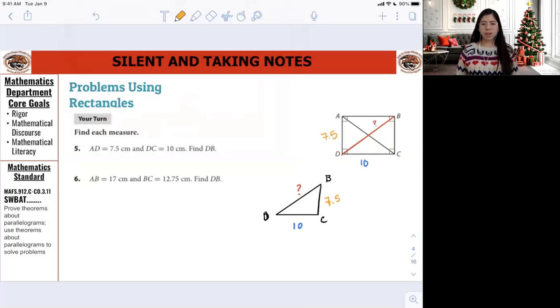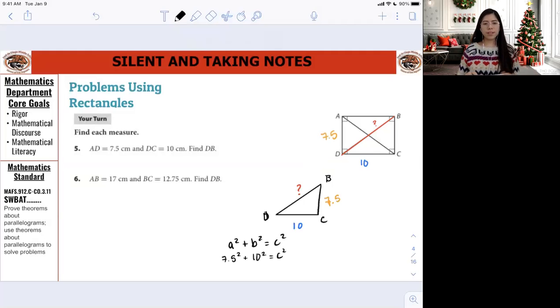Let's use a squared plus b squared equals c squared. Well, what would I write in? 7.5 squared plus 10 squared equals c squared.